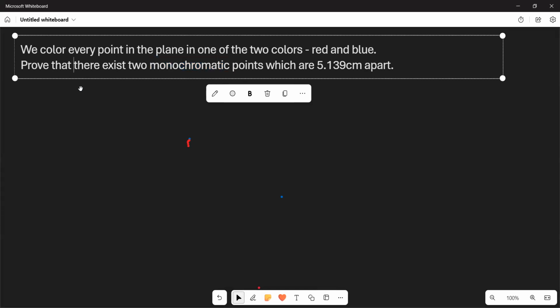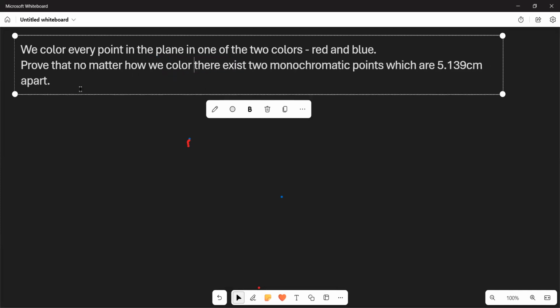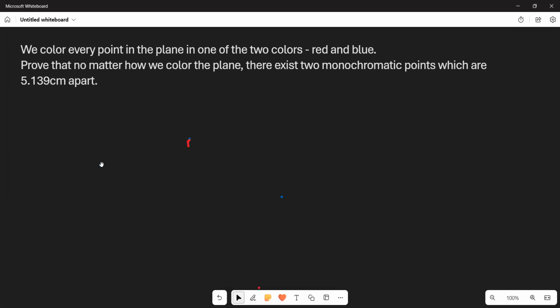To prove that no matter how we color the plane, so if there are people who recently joined, I'm going to repeat the question one last time. So every point in the plane is colored. So what is a plane? You can imagine a plane as an infinite piece of paper.